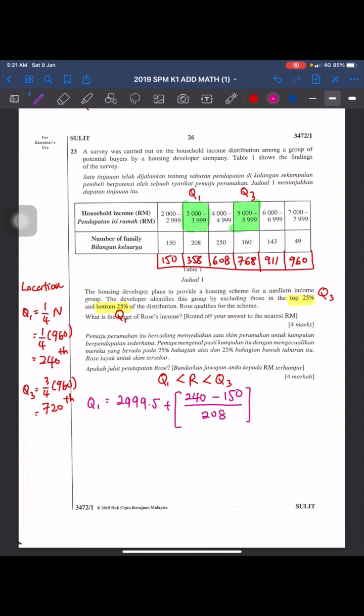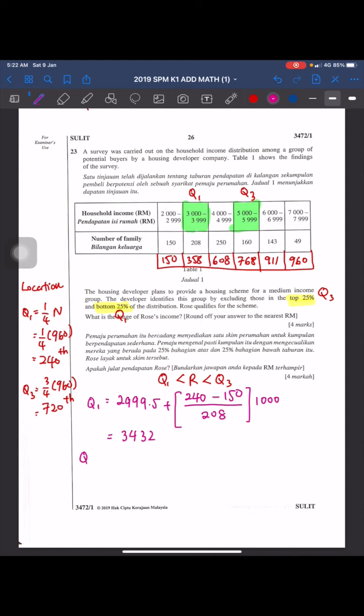Next, saya kena darabkan dengan class size, which is 1000. Ini kita tekan calculator. Sebab dia kata round off your answer to the nearest RM, so kita just ambil 3432. So this is the first quartile.